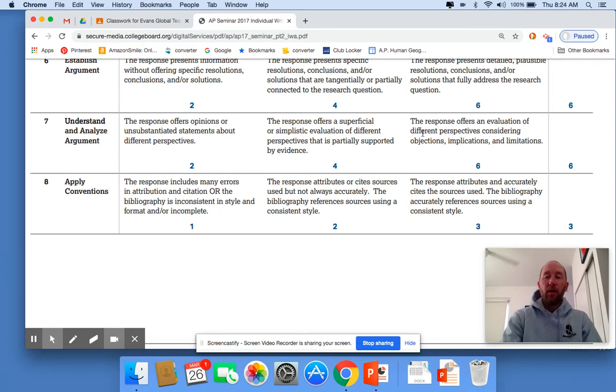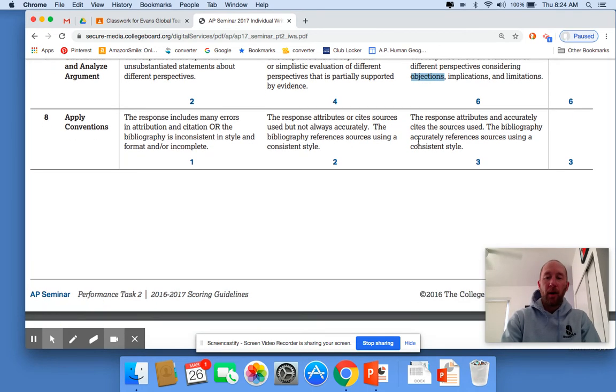So explain what the limitations are, why they aren't perfect. Implications mean if they were implemented, what would the long-term impacts on society be? And objections are why would people not agree with you?